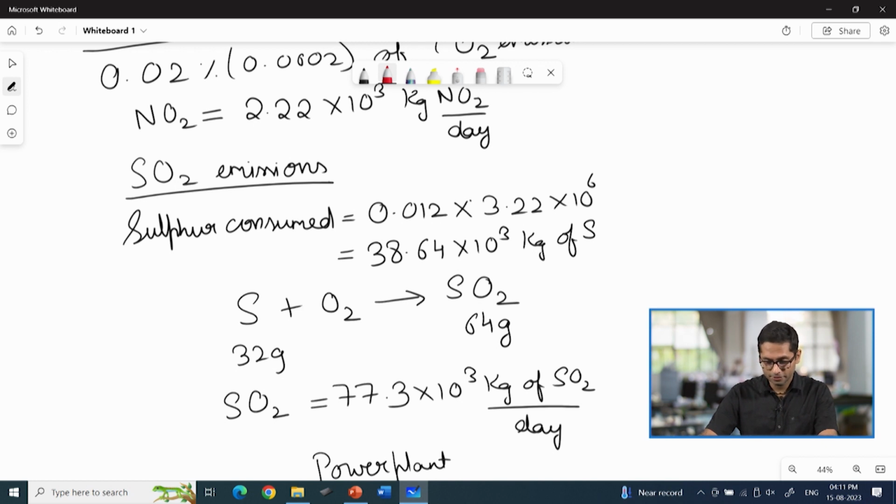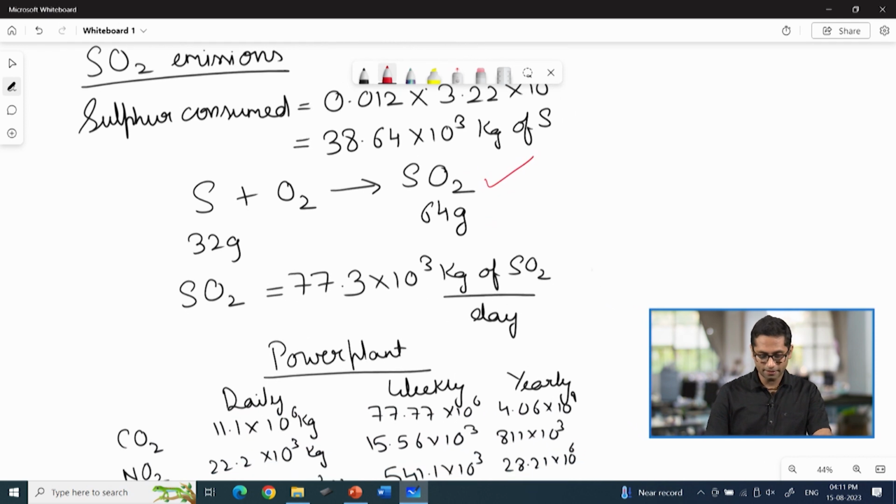So, my emissions were around 38.64 into 10 to the power 3 kgs of sulfur. This sulfur reacted with oxygen to give sulfur dioxide, and the emissions were finally 77.3 into 10 to the power 3 kgs, or 77.3 tons, of sulfur dioxide on a daily basis. So, let us start our calculation from this very point.